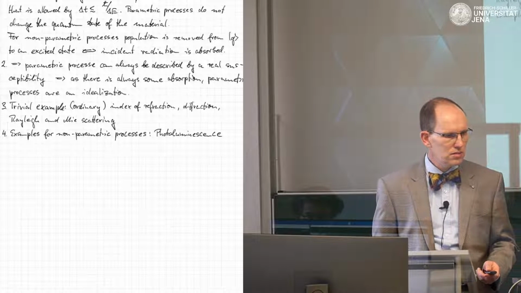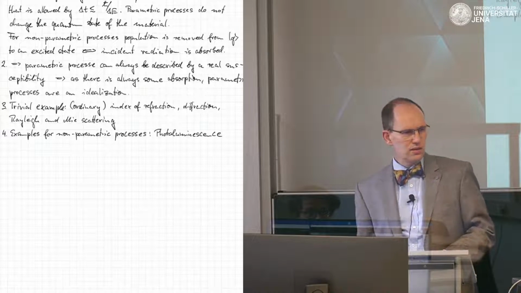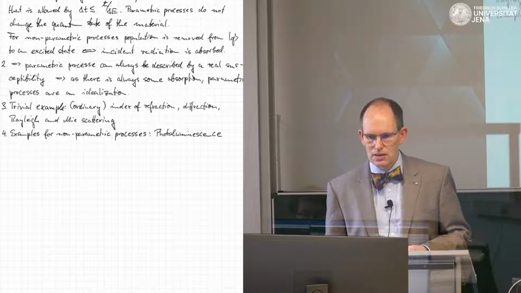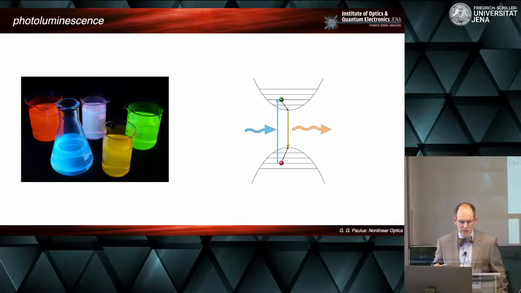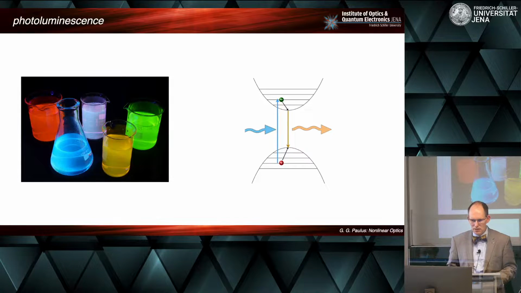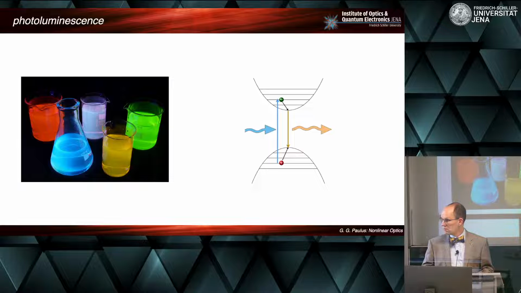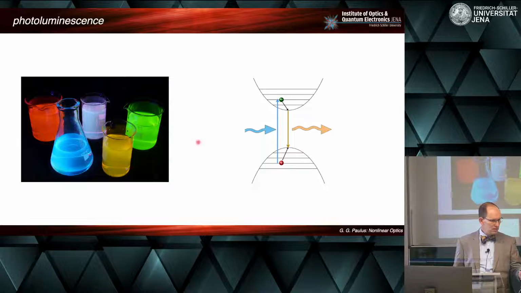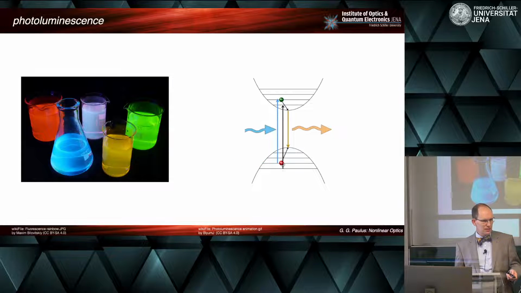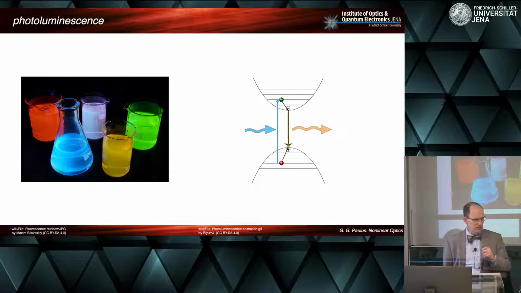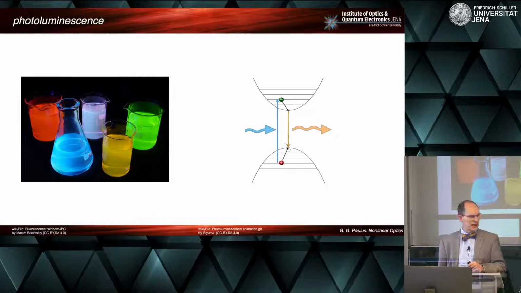Oh, yeah. So photoluminescence. I found these on Wikipedia. I wanted to give the reference here. Unfortunately, it disappeared. Okay, now the reference is here. So what was done here was that some dyes were dissolved in water, actually a very small amount.